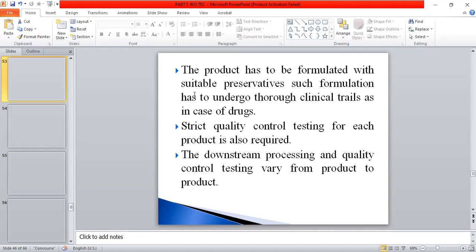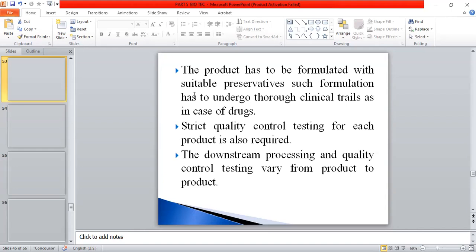For example, Pepsi, Coca-Cola, fruit products, even milk. Milk is also sometimes treated with H2O2, hydrogen peroxide, which is not good for infants. Fruit products like Kisan jam have a preservative, sodium benzoate.